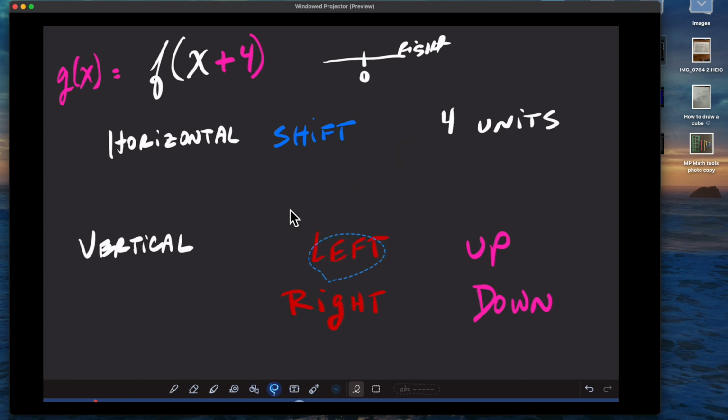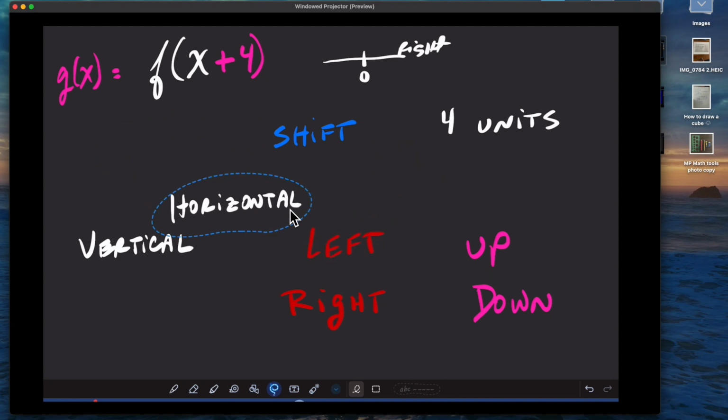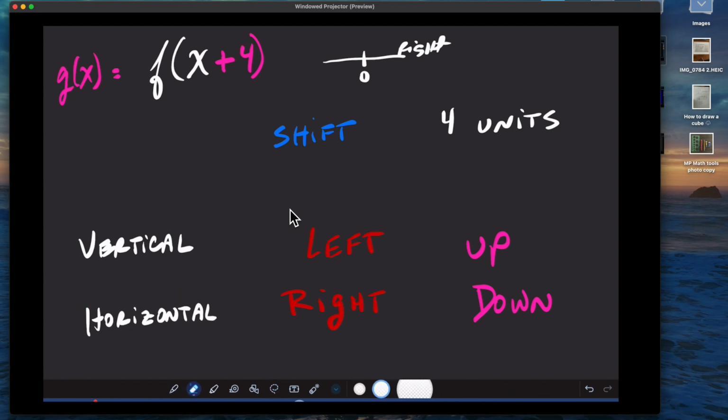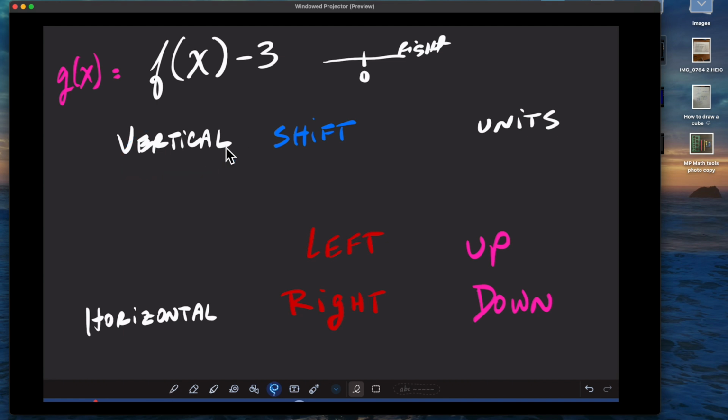Okay, let's switch it up. Okay, how about this one? Okay, we're dealing with adding and subtracting, so we know it's a shift as opposed to compression and stretch. Because this is on the outside of the function, we know that we are dealing with a vertical shift. Therefore, we know it's going to be up or down. We know the number of units is going to be 3.